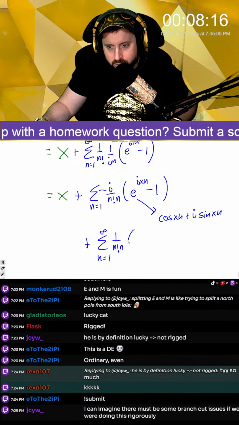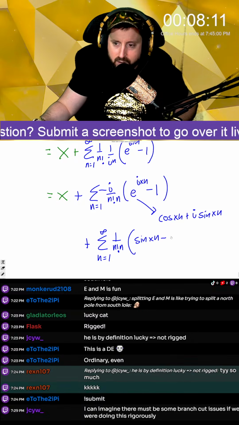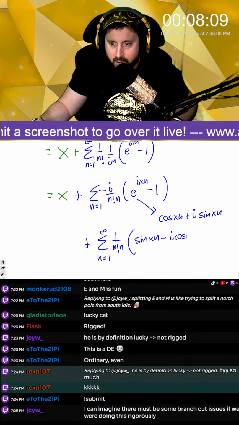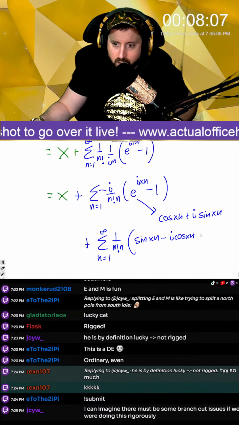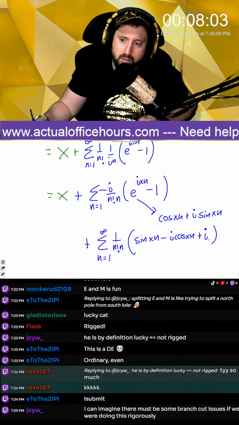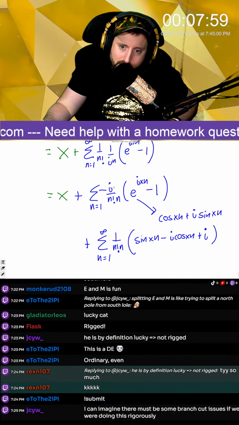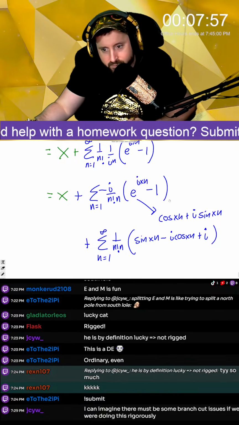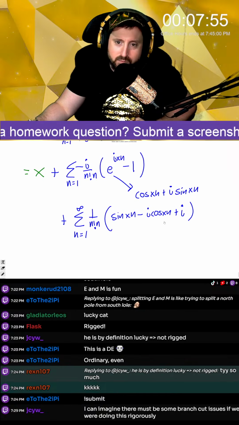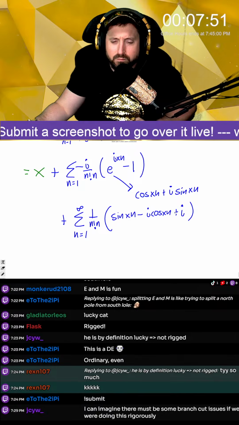Okay. Sine xn minus I cosine xn, and then plus I. It should be a minus I. Or no, yeah, it is plus. Sorry, I had factored out the I in front of the cosine of x. Oh, okay. So mine was a minus, but yeah, that's correct.